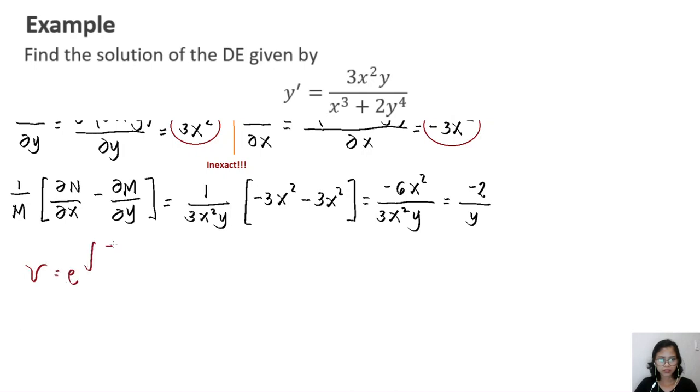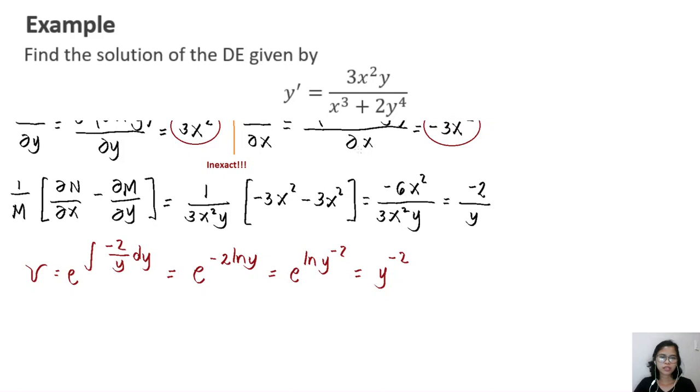Integral of negative 2 over y dy. And what is the integral of negative 2 over y? That is equal to e raised to negative 2 ln y, which is equal to e raised to ln y raised to negative 2. Laws of natural logarithm: e raised to ln, this becomes y raised to negative 2.